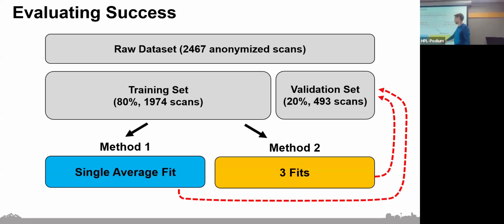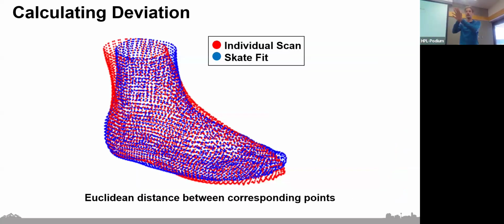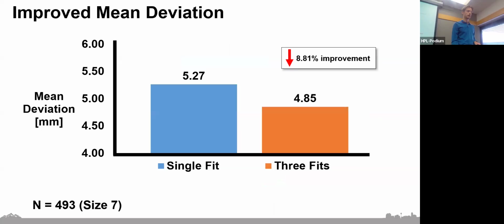The 3 fits, and then separately a single fit, were generated from a training data set and then compared back to a brand new population, a validation or test data set. And I did that using this 3D fit metric called deviation. And that resulted in an improvement when compared to the new calculation.